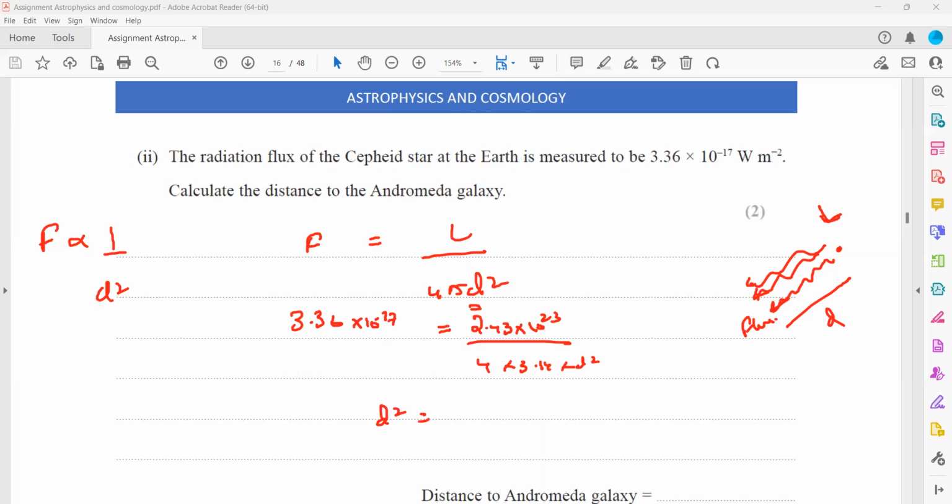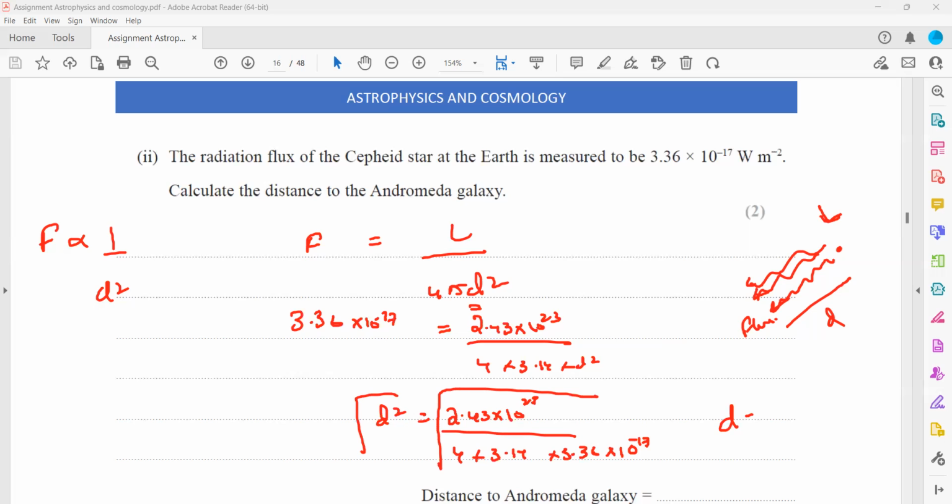D square is equal to 2.43 into 10 to the power 29 divided by 4 times 3.14 times 3.36 into 10 to the power minus 17. Because it is d square, we take the root. This will give us the distance, that is 2.4 into 10 to the power 22. So the distance between this specified variable and us is 2.4 into 10 to the power 22 meters.